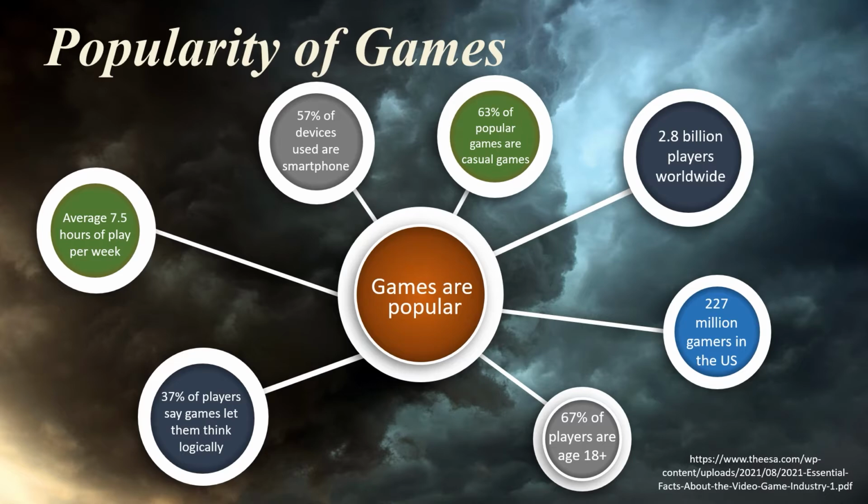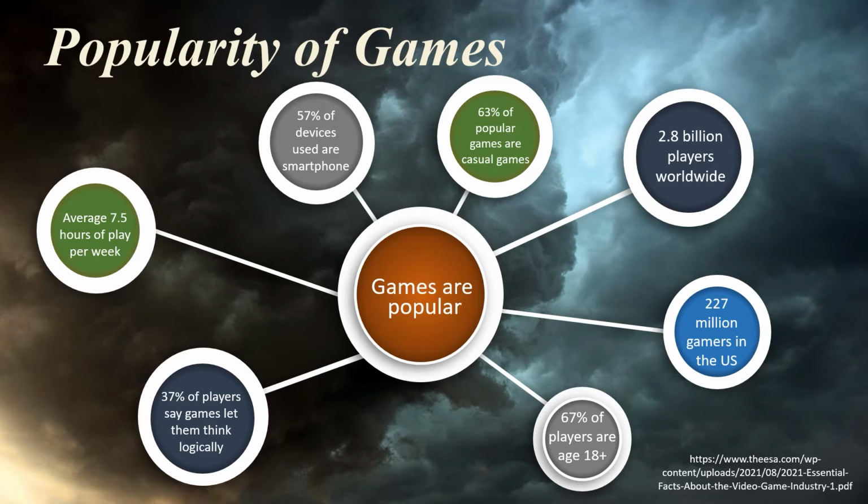Now, what about the popularity of the game? Games are actually popular based on a report named Essential Facts About the Video Game Industry by the ESA, the Entertainment Software Association. From this report, as you can see here, for example, there are 2.8 billion players worldwide that play games. 227 million gamers exist in the US, and if you look at those numbers, 67% of those players are age 18 and above, and 37% of the players say that games let them think logically.